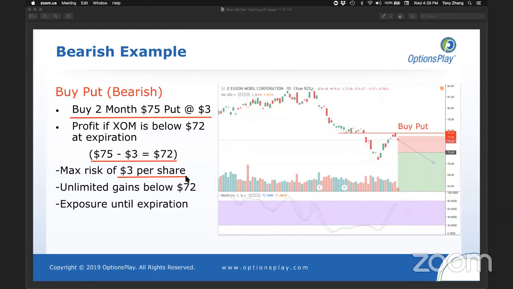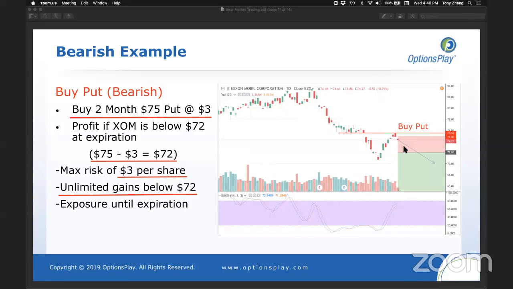And that is the flip side, if you will, of buying a put option. Yes, the stock needs to move more in order for you to be profitable, but if the stock moves against you, you have limited losses. And you still maintain unlimited gains below 72. So if the stock goes to 68, 66, 65, if it keeps moving lower and lower, you're going to make more and more profits, just like shorting the stock. But on the flip side, if the stock moves higher, you have limited losses, and you maintain exposure in this specific example until expiration.